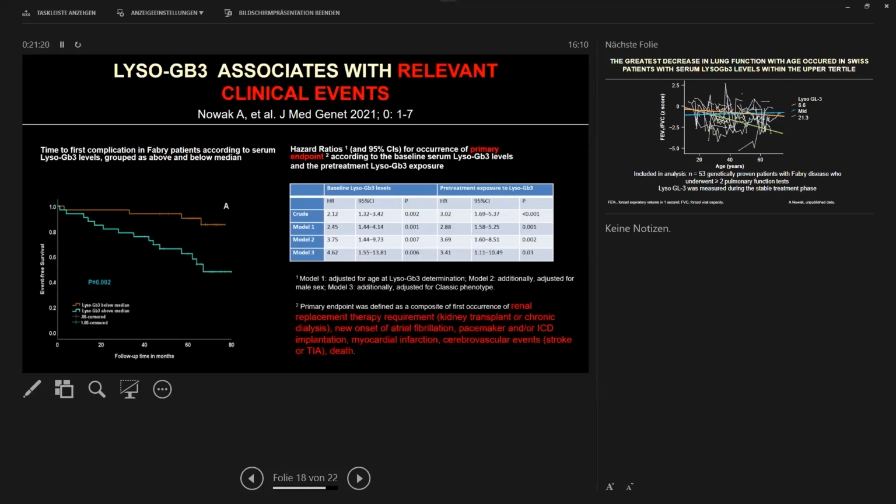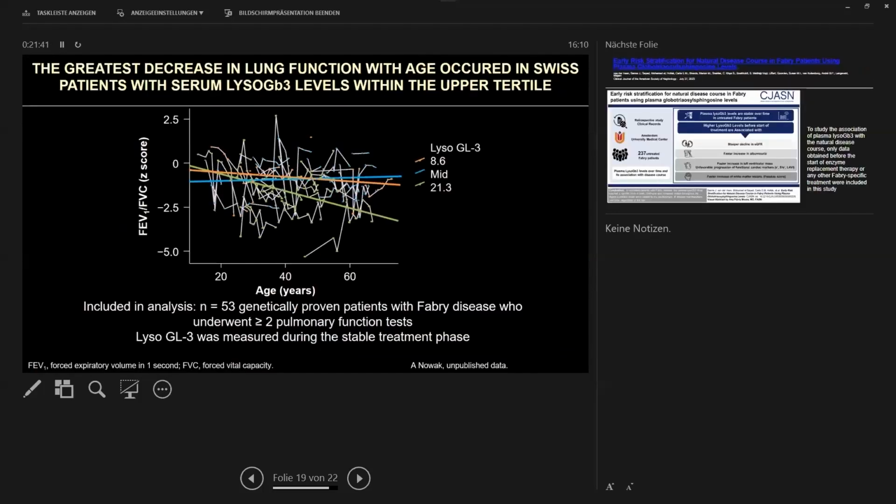And when we look at this compound endpoint, then we see that in patients with higher Lyso-GB3 levels, we have much faster the occurrence of this clinical event.